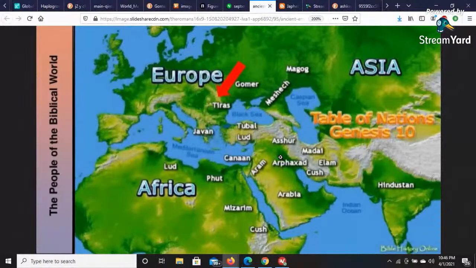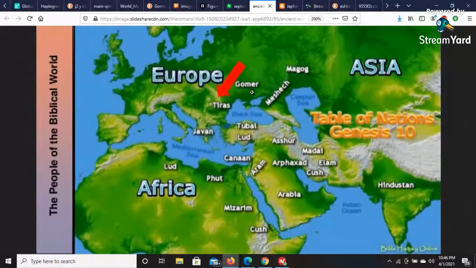Now with the sons of Japheth, there are more sons of Japheth than there are surviving Y chromosomes. If you count them, there are 7 sons, 1, 2, 3, 4, 5, 6, 7, and there's like 6 Y chromosomes or so.